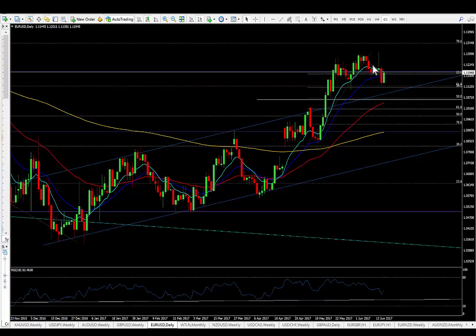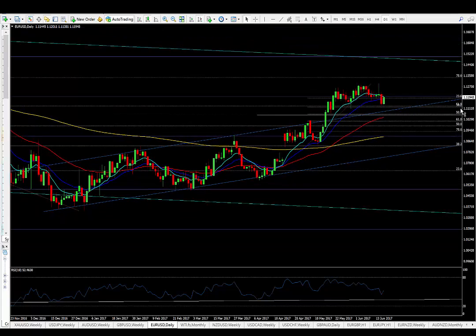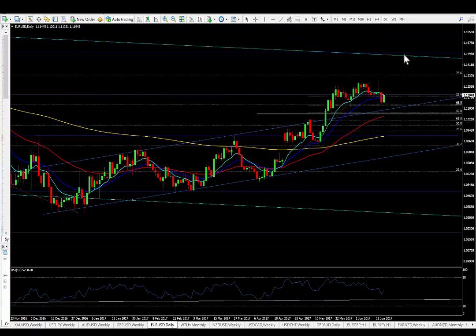So again, this might support the idea that this resistance level could be a bit of a tough one to break, and that maybe we need to sell off a little bit more, pick up some buyers on the way down, and then eventually take another aim at taking out this particular high, which is just below the 1.13 level, breaking through this 786 level and possibly making our way up towards the 1.15 level. Now there's a fair bit that's got to happen before we get there, but that's my thinking.